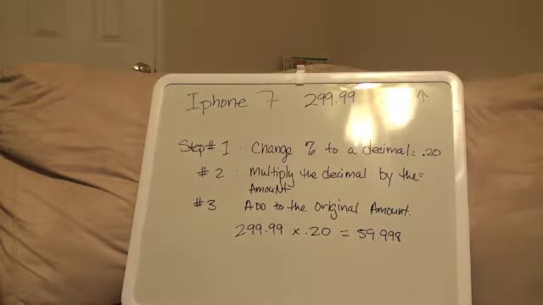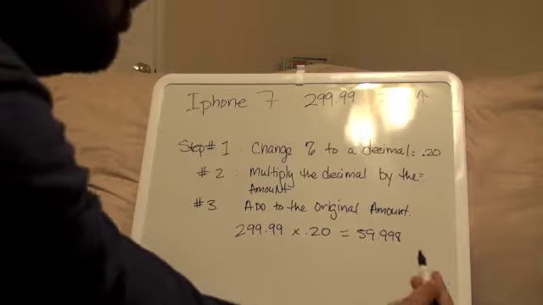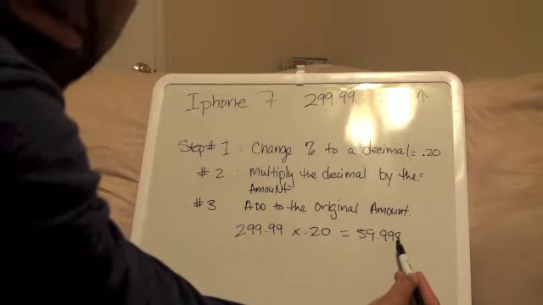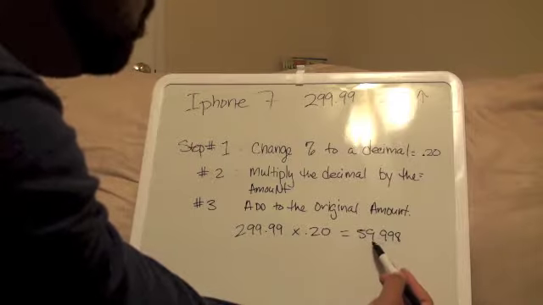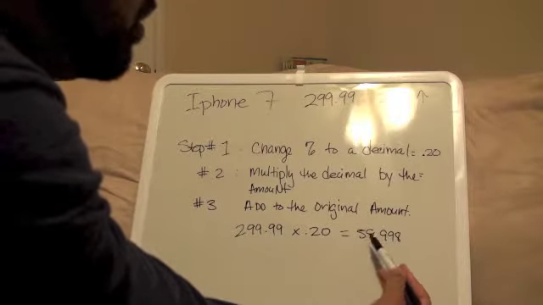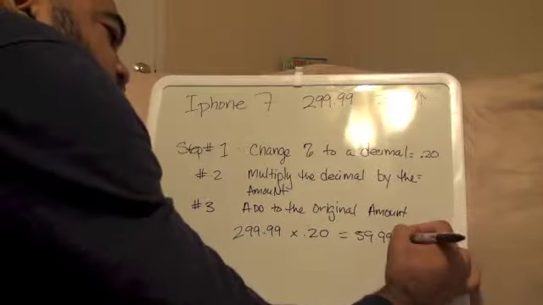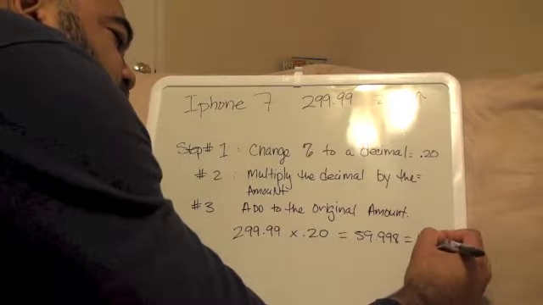Okay, since we're dealing with money, we're looking at the third digit. Is this number greater than 4? Yes, it is. So that means I change this one. This becomes 60.